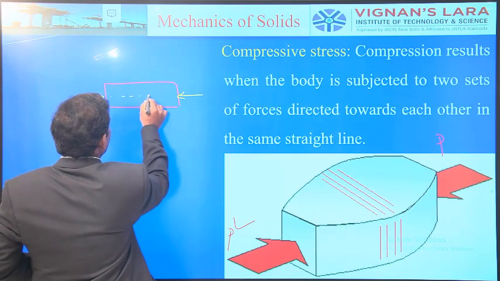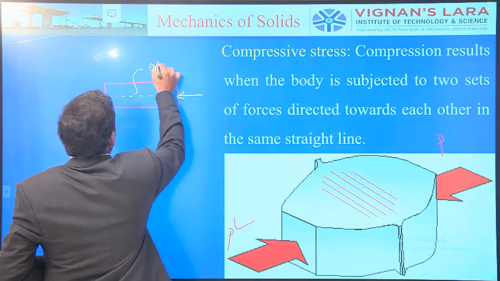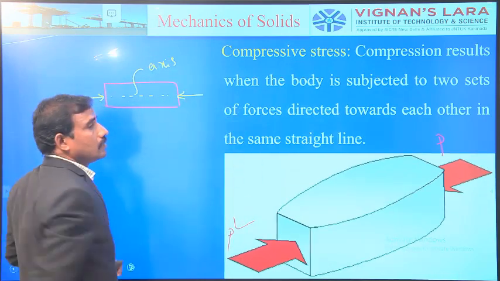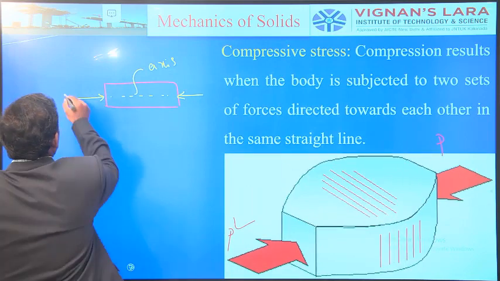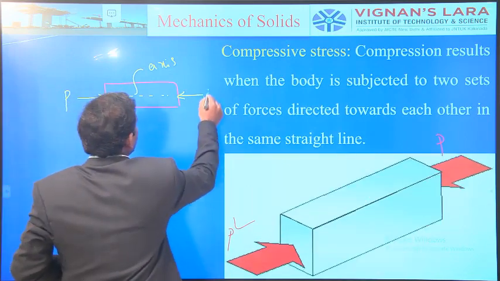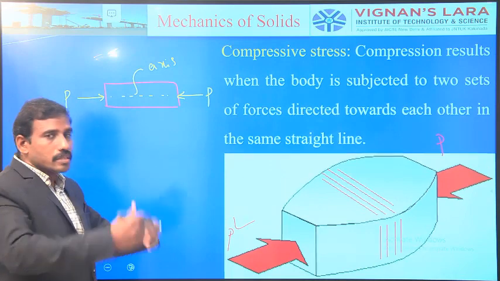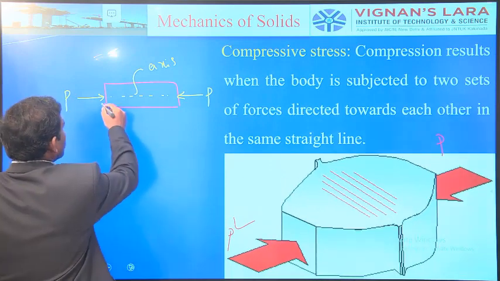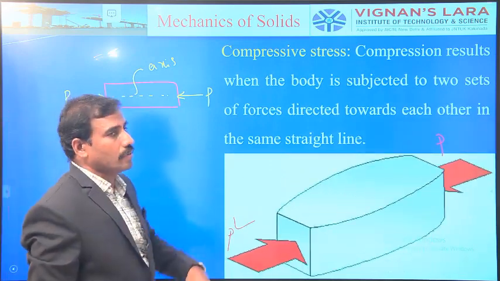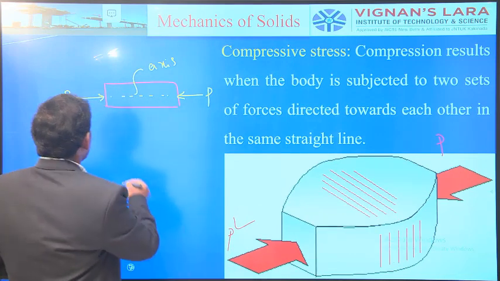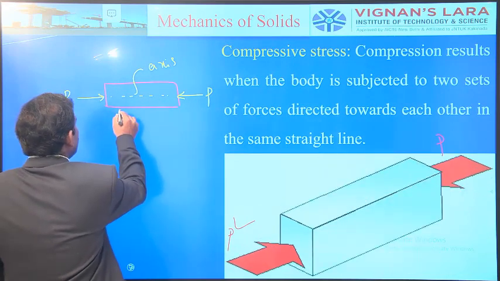This is the axis of the structural member. If you observe the two forces of the same magnitude directed towards each other, that type of force system is called a compressive force system.